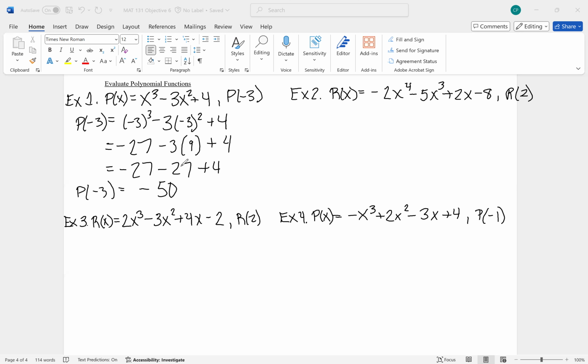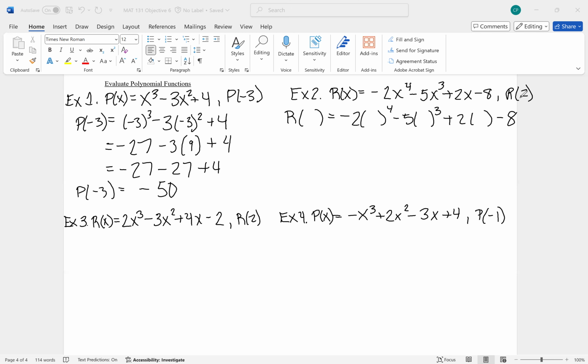Now for the next example, I'm going to do my recommendation. It is my recommendation that you rewrite the problem but leave a gap where that variable is. This is going to help you make sure that you plug into parentheses, okay?